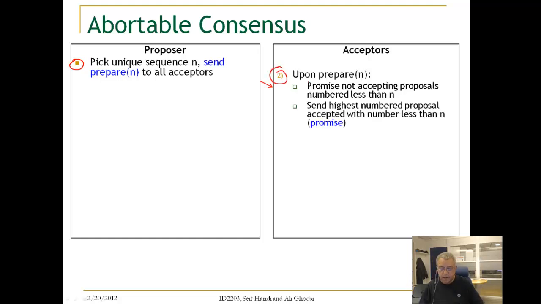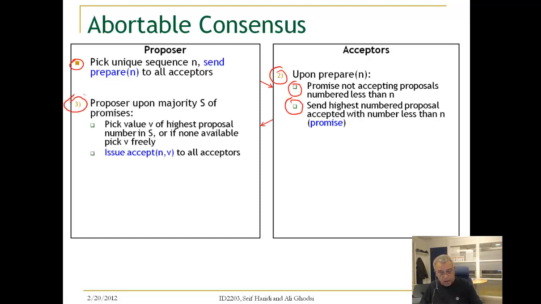An acceptor, when it receives prepare n, promises not to accept any proposal numbered less than n, and it will send the highest proposal accepted with number less than n. That is its promise. So now it has to remember not to accept any proposal less than n.